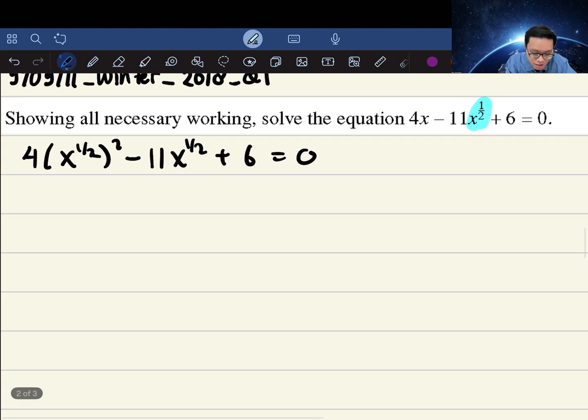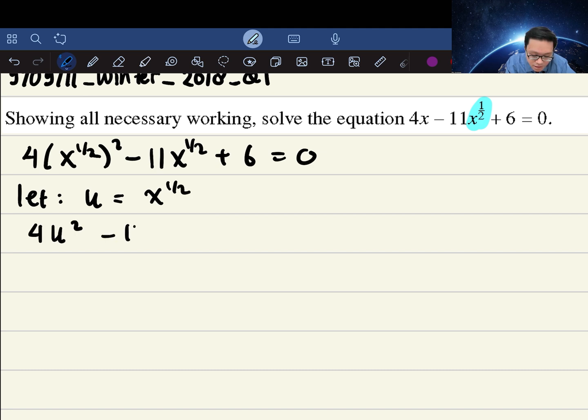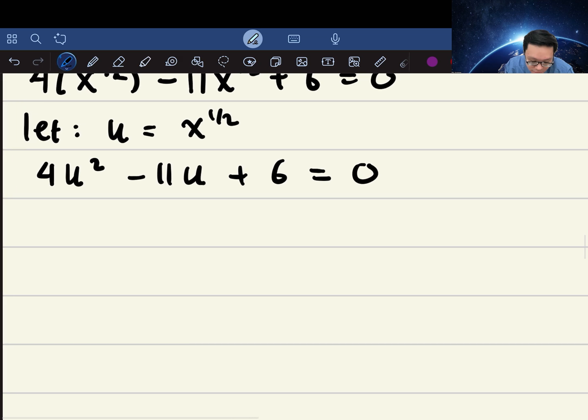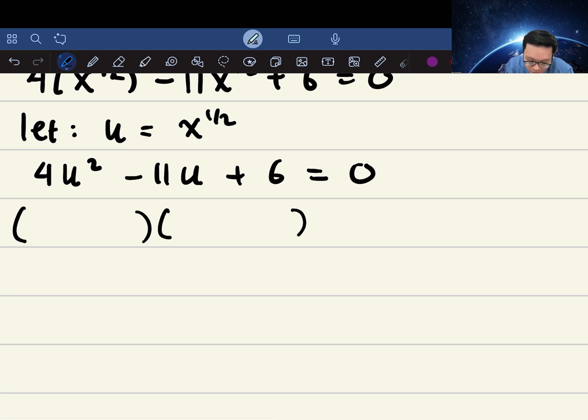Use the same method, so we use substitution. u equals x^(1/2). So we get 4u^2 minus 11u plus 6 equals 0. Now from here we can just factorize. So we can have 4u and u, and then we have 2 and 3 over here, so minus and minus.